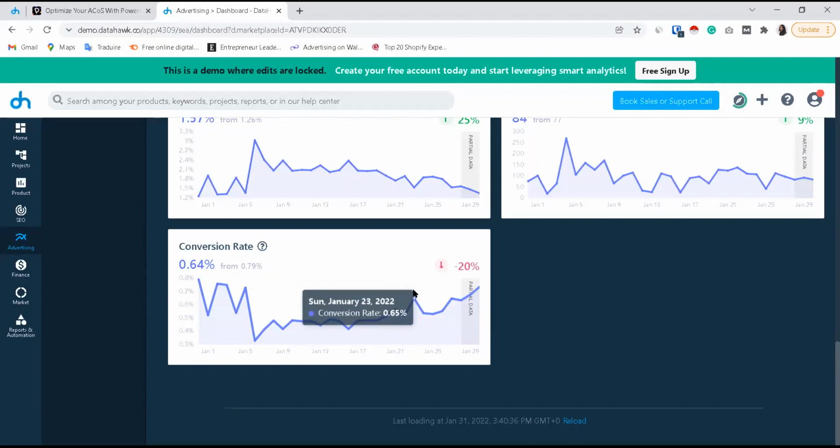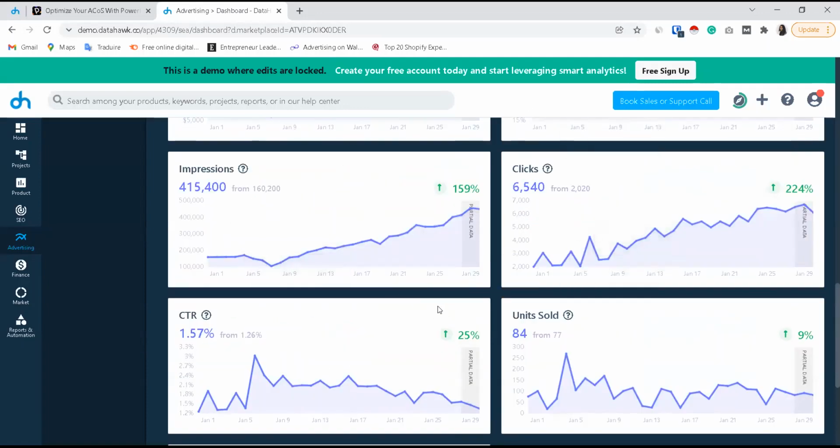If the shopper decides not to buy a product after clicking the ad, the conversion rate will be negatively impacted for that keyword, and it will drive up your ACoS, because someone came to you, clicked your ad, and then decided this is not the thing for them. It's not really working for them. So it'll drive up your ACoS.